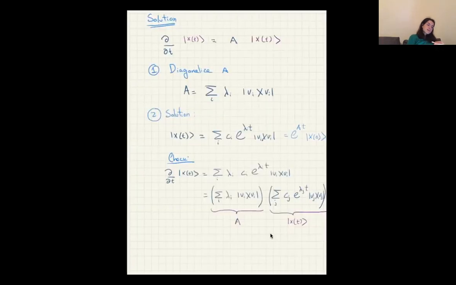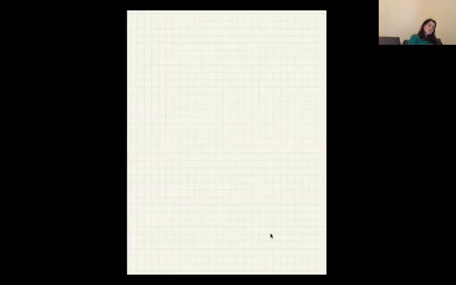Look, I imagine that everybody knows how to diagonalize a matrix. You can just write the eigenstates, or eigenvectors, of A. But just to have the general procedure written somewhere, we can do it by hand here. Okay, so let's do it.